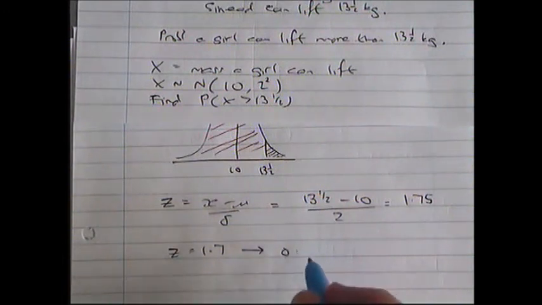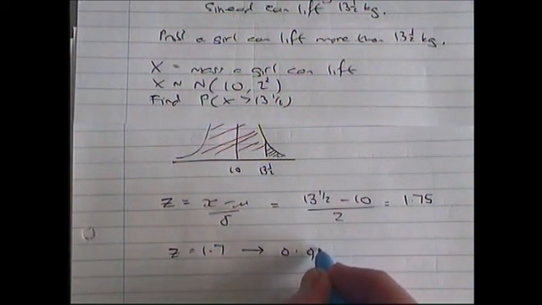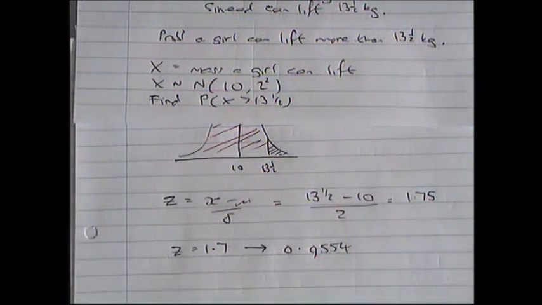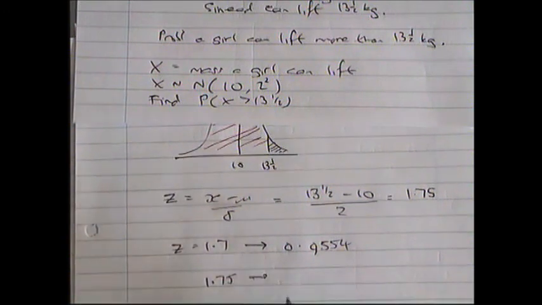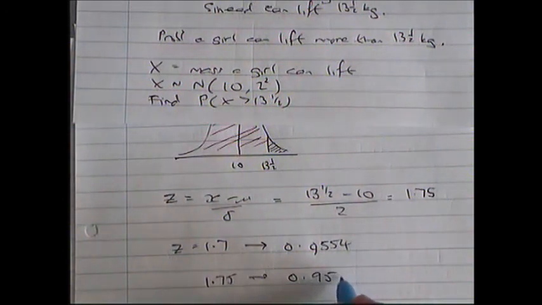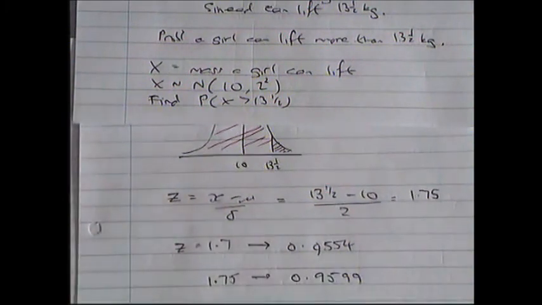Okay, you're one step ahead of me actually. For 1.7, and we wouldn't normally bother writing this down, but just so you can really see what's going on, 0.7 is that, but what we want is 1.75. So if you know you found the right row, go over until you are under the 5, and then we get 0.9599, if I've read the right number.